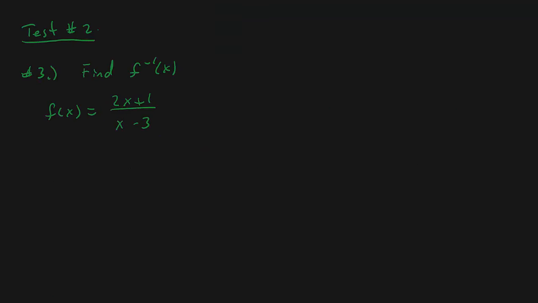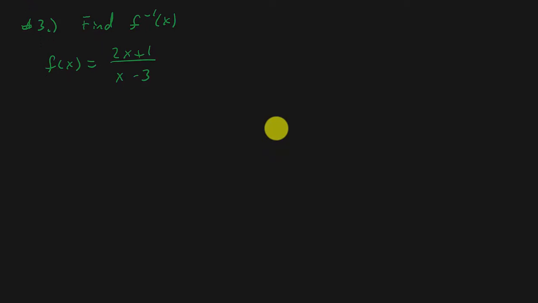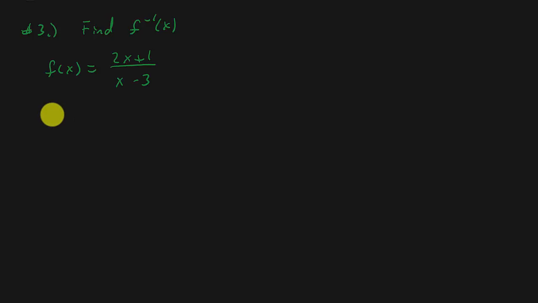All right, problem from test 2. Problem number 3, they want us to find the inverse of this function. All right, so this would be, well, we have to change the f of x to y.